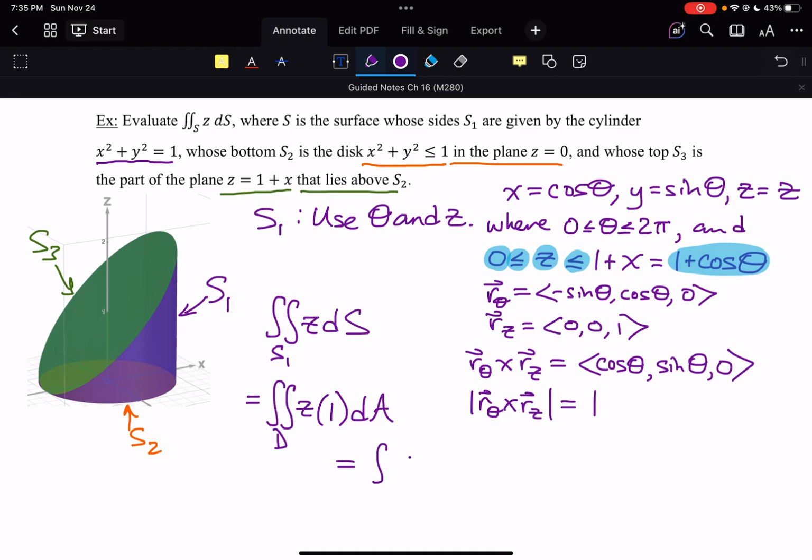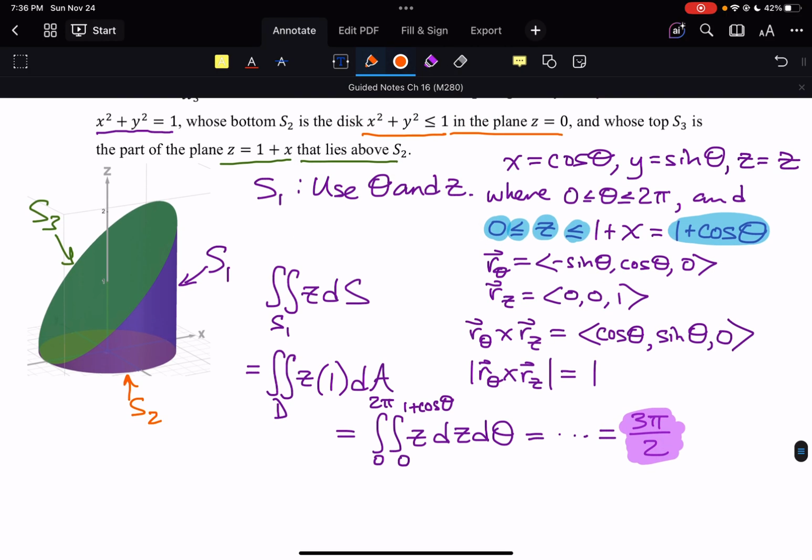So we just get the double integral of z dz d theta. Z goes from 0 to 1 plus cosine theta. Theta goes from 0 to 2 pi. So we would evaluate the dz. That'll give us a formula in terms of theta, and then evaluate that integral with respect to theta. We end up getting 3 pi over 2, which of course is not the final answer. But that is the value of the surface integral over S1.